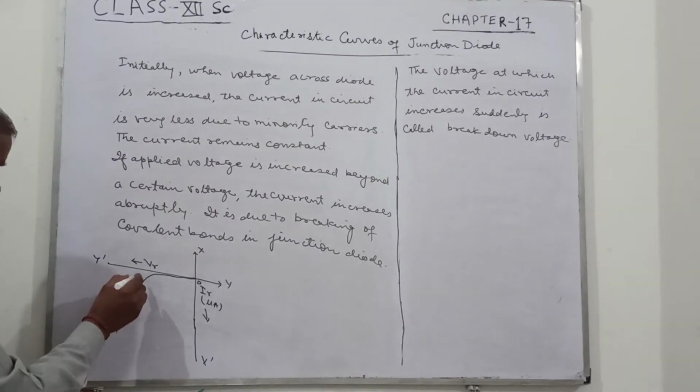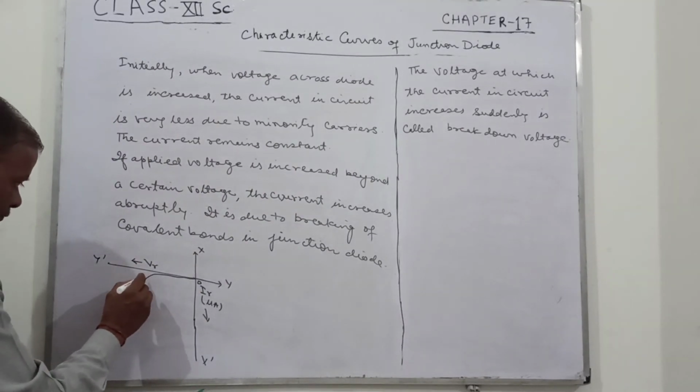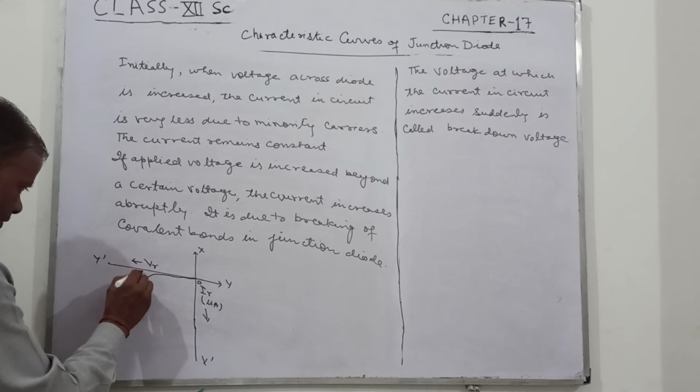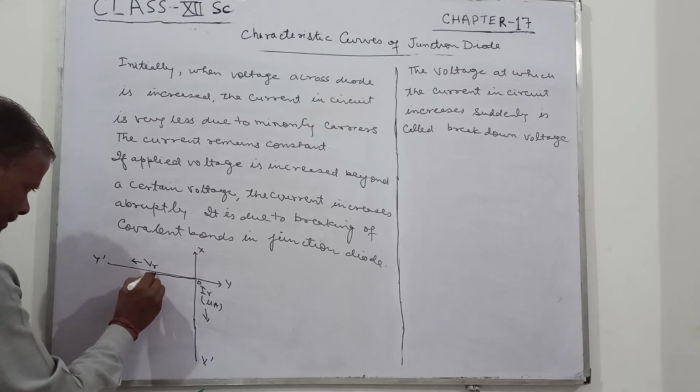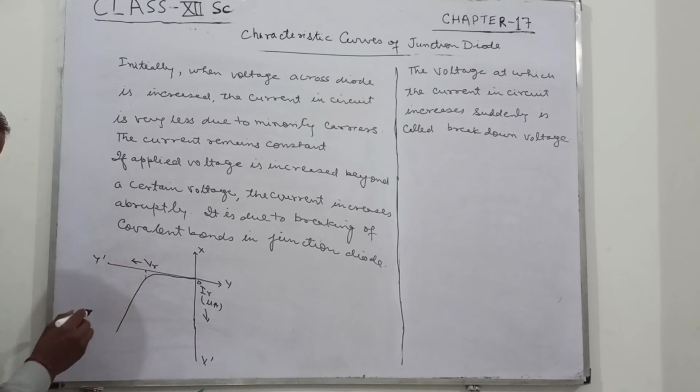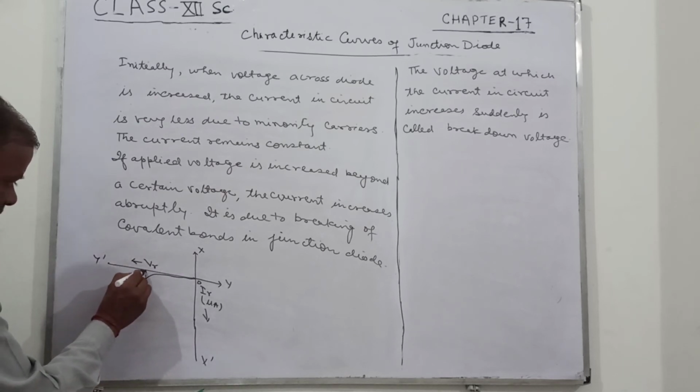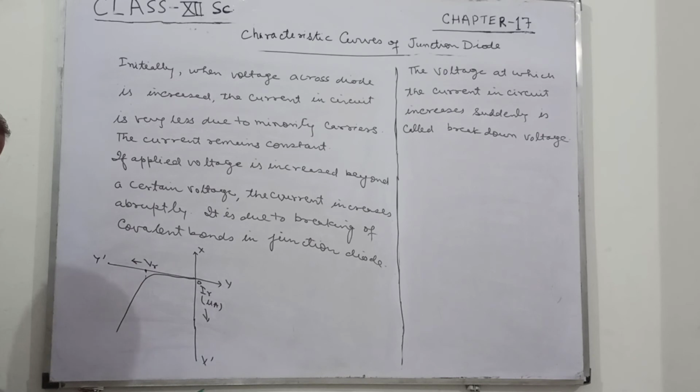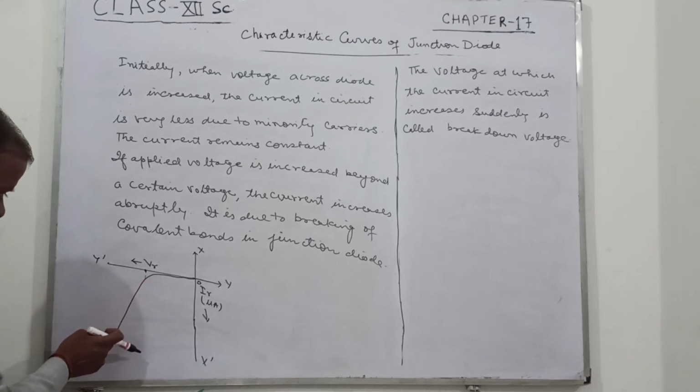So here you can find that this current is increasing like this. Then if we draw a straight line like this, you can see that here the current increases after this voltage. So this voltage is called the breakdown voltage, and after that it is increasing continuously.